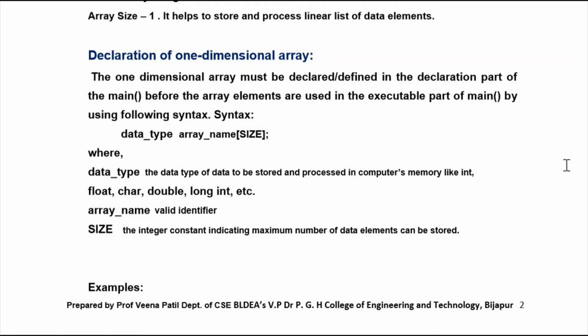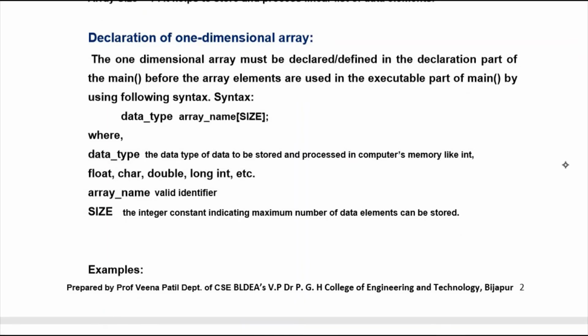The data type can be the type of data to be stored and processed in the computer's memory; it can be integer, float, character, double, long int, etc. The array name should be a valid identifier. Size is the integer constant indicating the maximum number of data elements that can be stored.